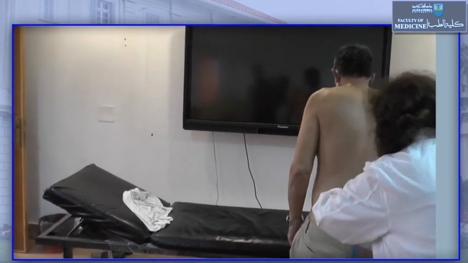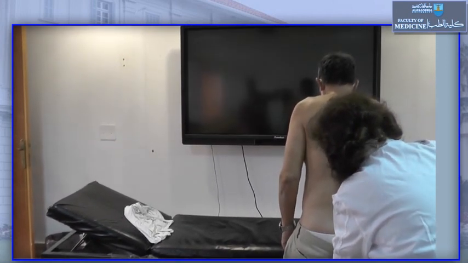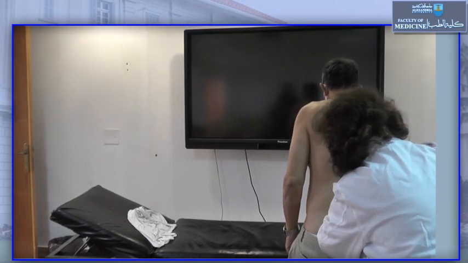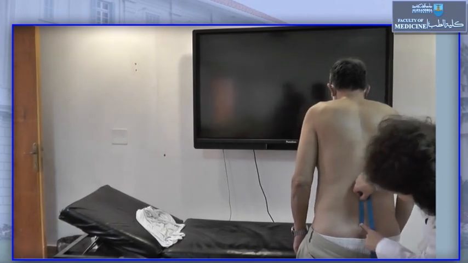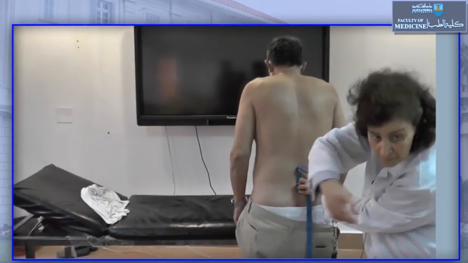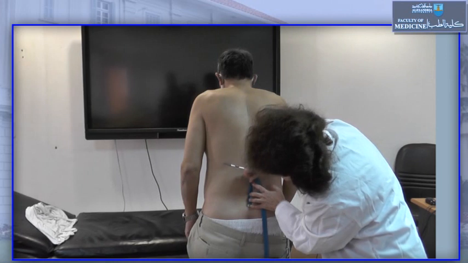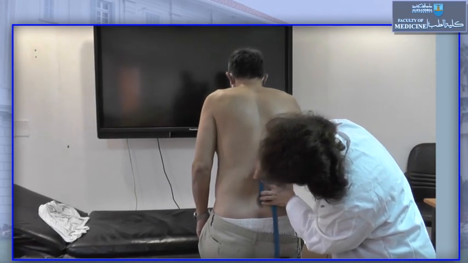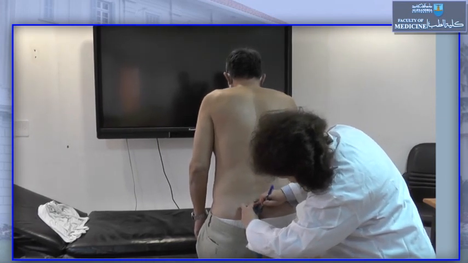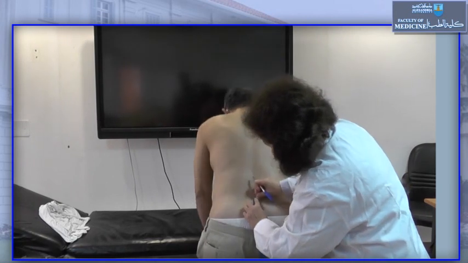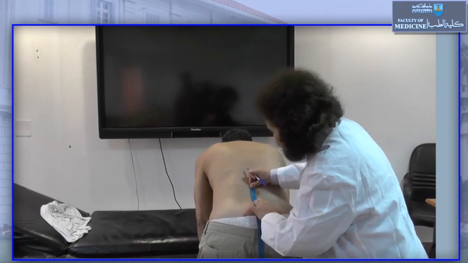We take the midpoint and we go 10 centimeters up. Okay, and then we take another 5 centimeters down, and then we let him bend forward. This should increase. Of course, here it increases by less than 1, so it is limited lumbar flexion.